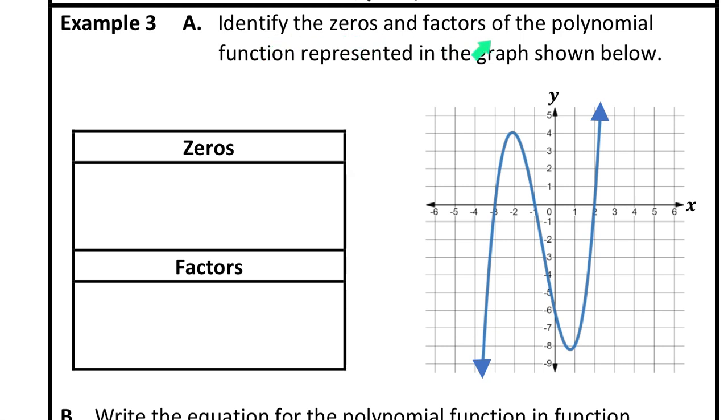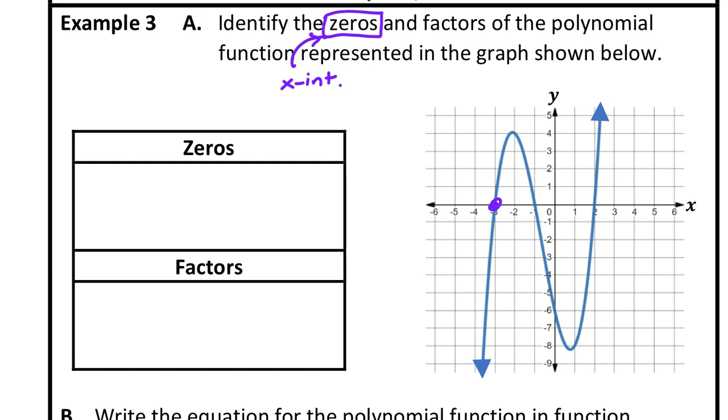Identify the zeros and factors of the polynomial function represented in the graph shown below. So the zeros, again, those are the x-intercepts.